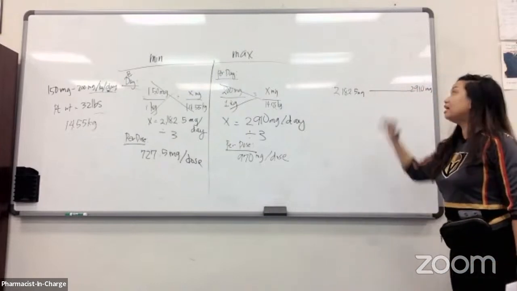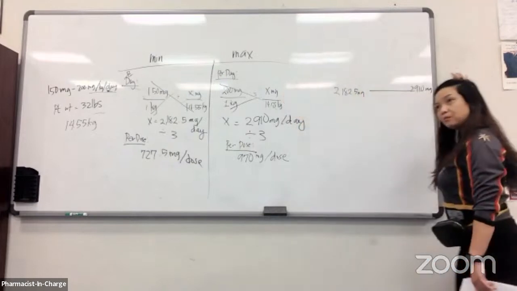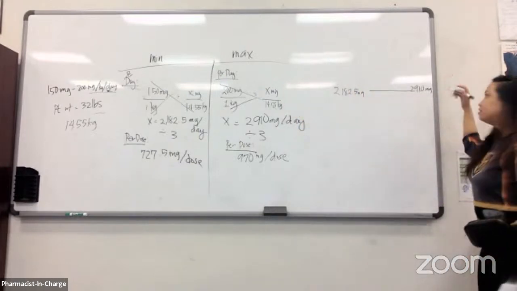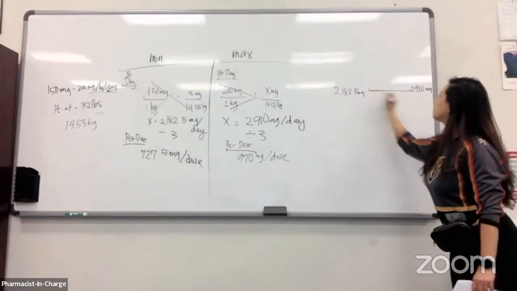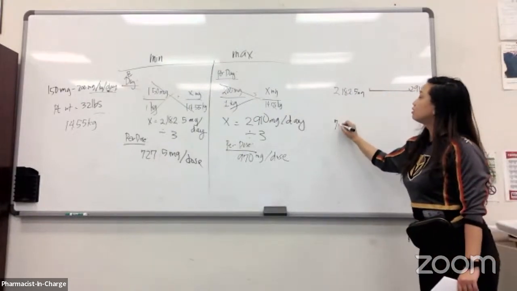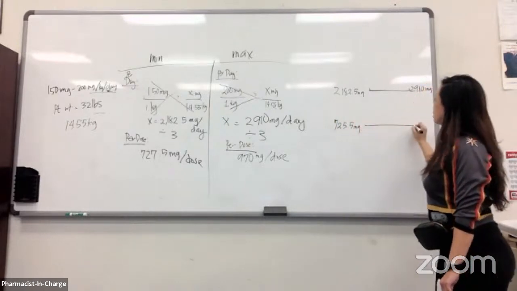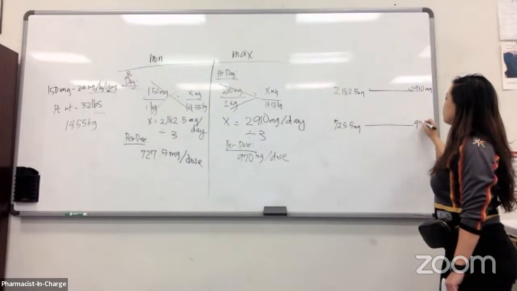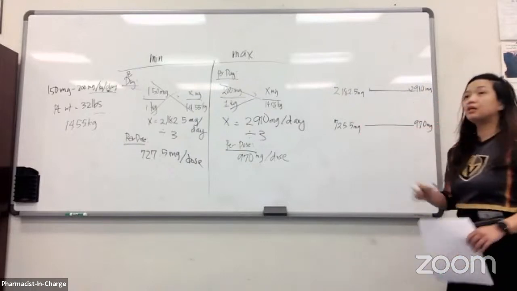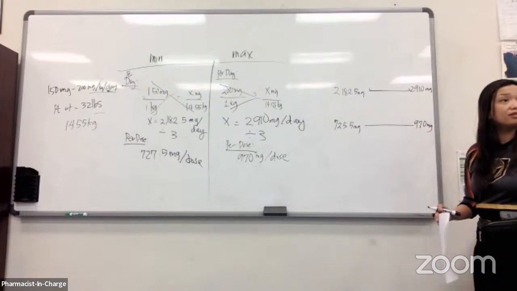Anything below this is an underdose. Anything above this is an overdose. This is the effective dose. Clear? On a per dose scale, it's 727.5 milligrams all the way to 970 milligrams. This is your per dose. Anything below is underdose. Anything above is overdose.